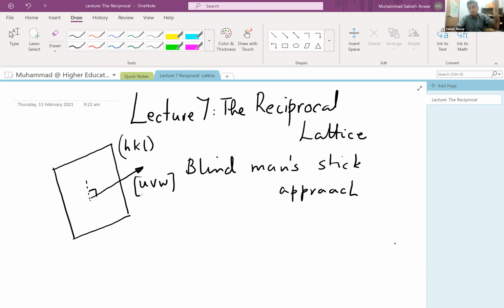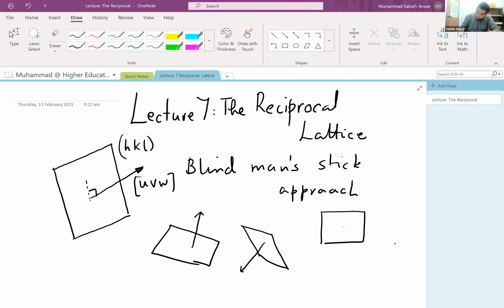So we could either draw the plane itself and identify its Miller indices, or we could draw a normal to the plane. You change the orientation of the plane, the normal changes. So here is one plane, here is another plane. So changing the orientation changes the normal vector that I've drawn.